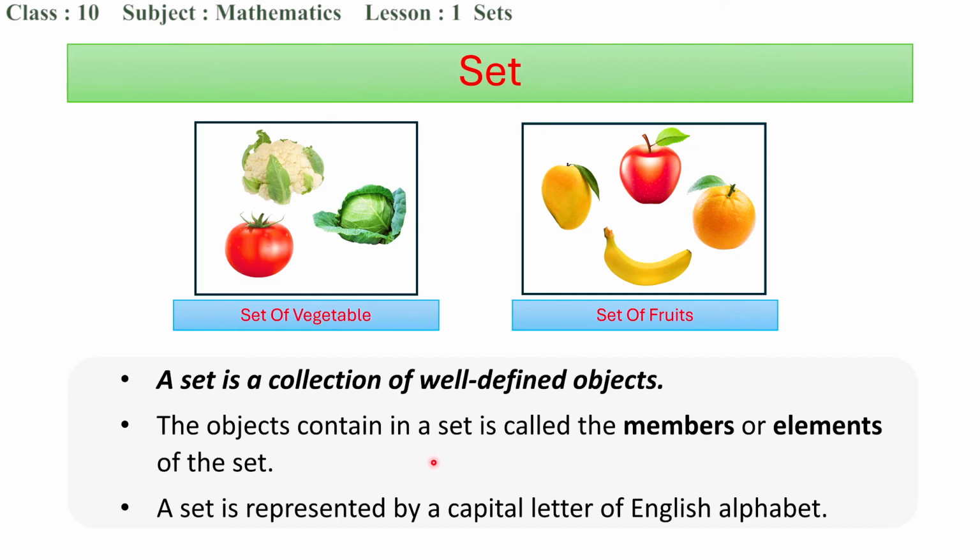A set is represented by a capital letter of the English alphabet. So this is the set of vegetables. Which letter denotes this set?